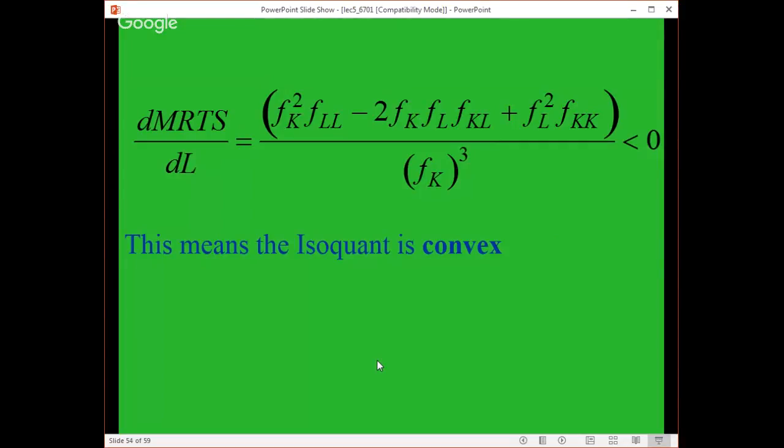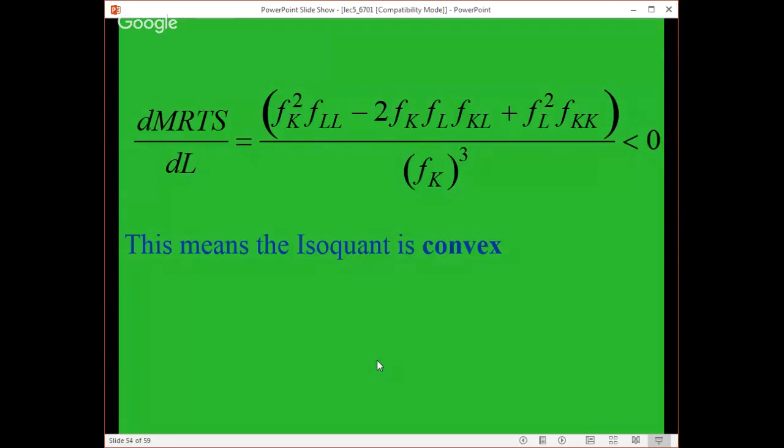So f of K squared is positive, f of LL is negative. This first part of the numerator is negative. Two is positive, f of K is positive, f of L is positive, f of KL is positive, but I have a negative sign in front of all this, so the second element in the numerator is negative. F of L squared is positive, F of KK is negative, so this third element in the numerator is negative. And of course, F of K cubed is positive.